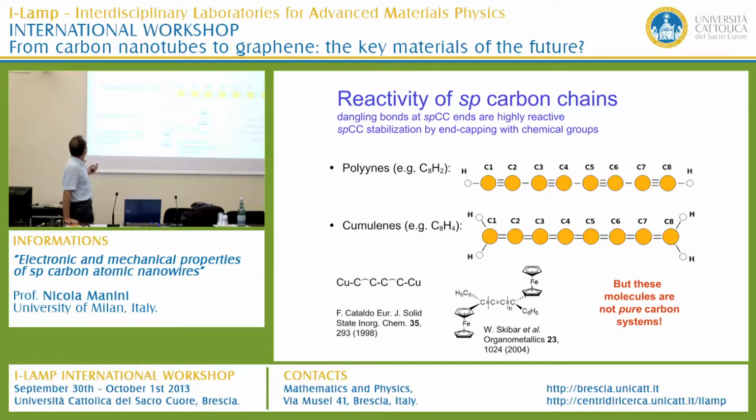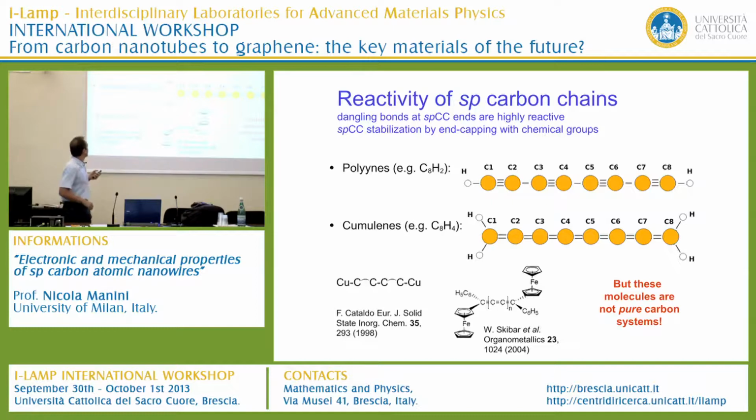So basically, one can have a saturation with a single hydrogen at the end, and this ending will induce an alternating triple-single bonding. Or otherwise, one can have a saturation with two hydrogens at the ends, that is sp2 carbon here, and in this way, one will get all double bonds. So this would be what is called polyynes, and this is cumulenes.